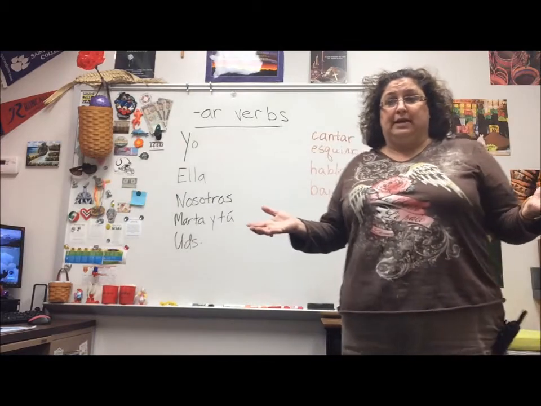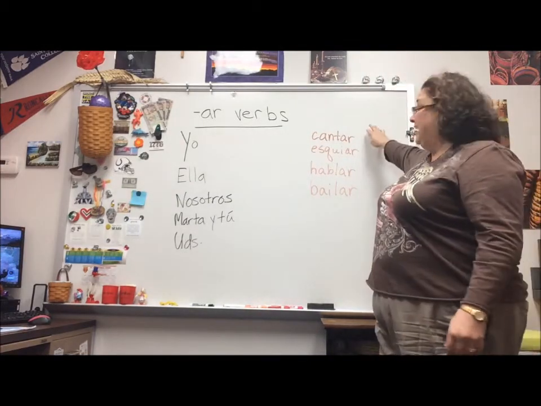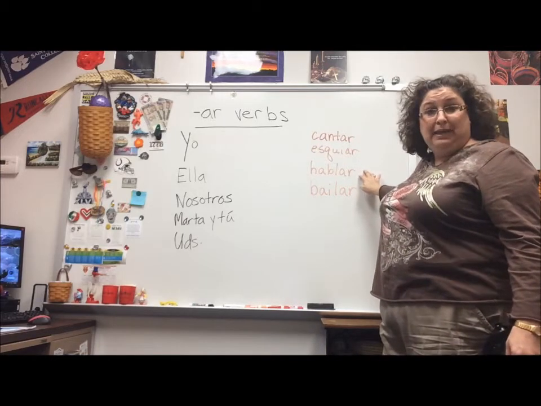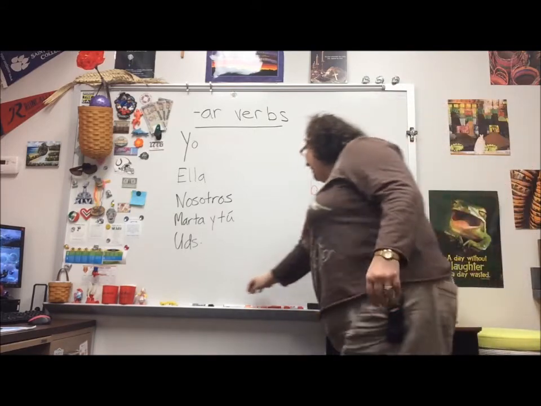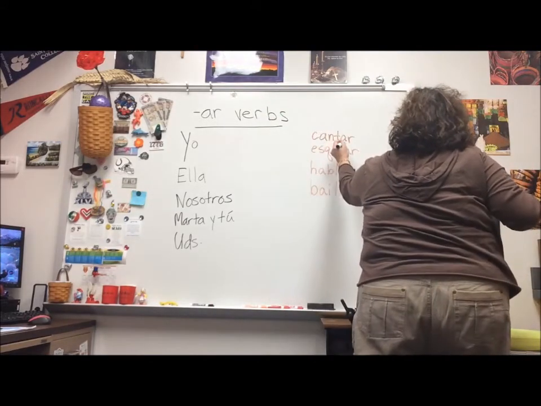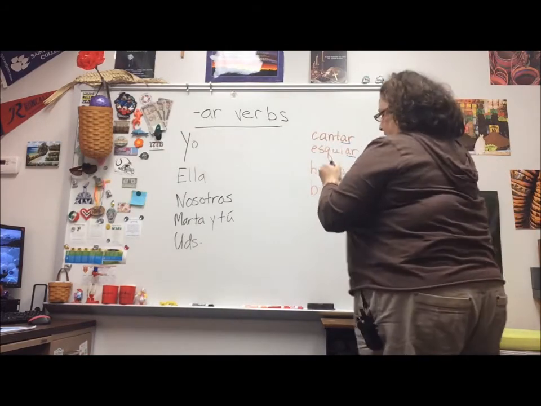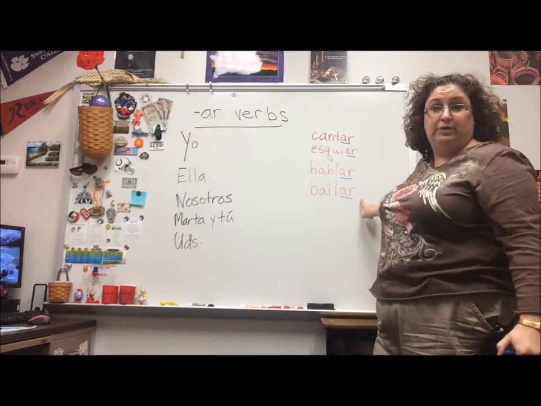So now it's practice time. Here are some examples of an AR verb. We've got cantar, esquiar, hablar, and bailar. All of them have an AR at the end of the word, and they mean to sing, to ski, to speak, and to dance.